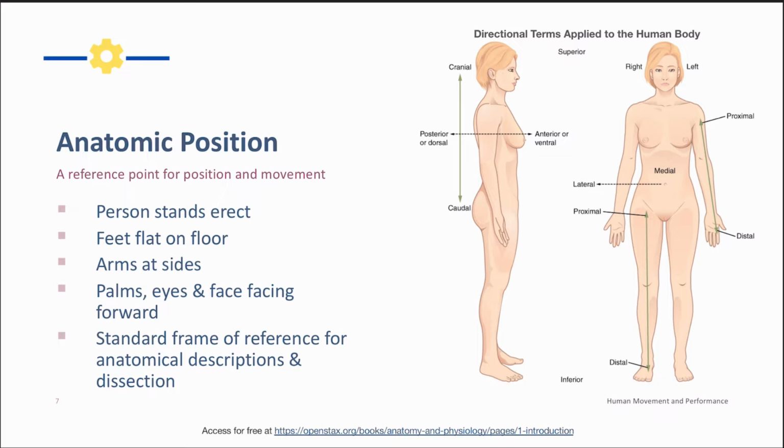And this is going to be the standard frame of reference for anatomical descriptions and the descriptions of movement. So no matter what position I am in, the thumb is always considered to be the lateral aspect of the hand. Even if I supinate my hands and turn them so the palms are facing backward, still the thumb is considered to be lateral because in anatomical position, it's lateral, right?